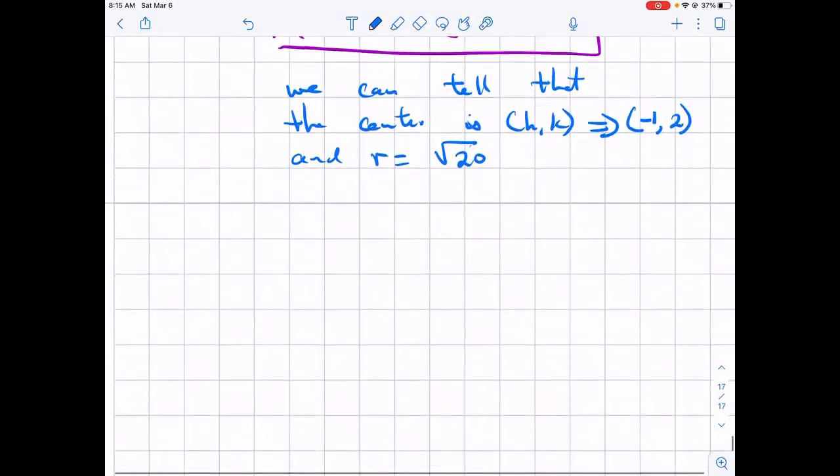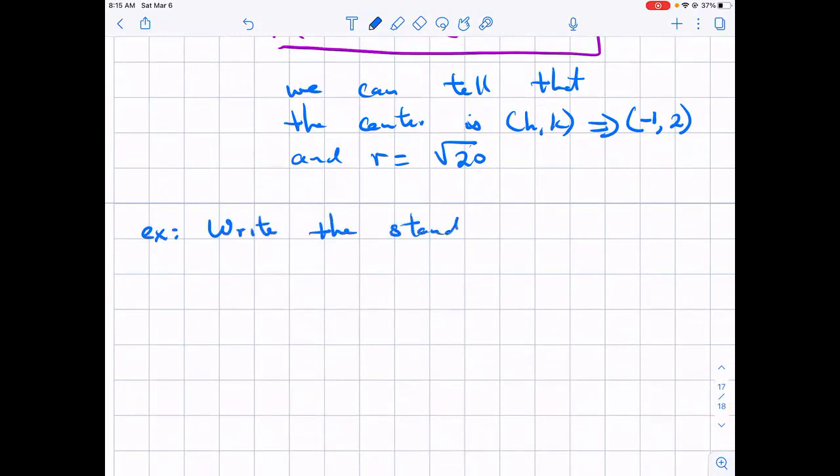What happens if I ask you to write the standard form? So let's look at another example. Write the standard form of the circle with center at the origin.